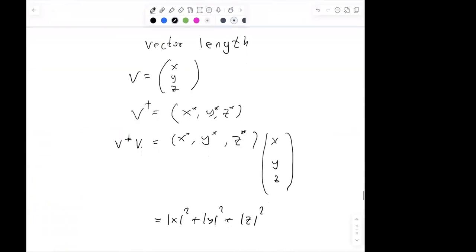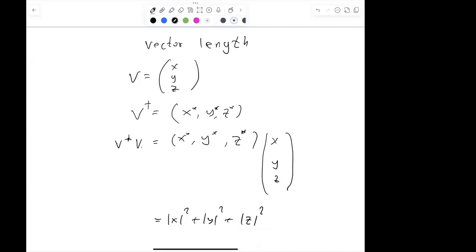Lastly, something that all of you know, especially the physicists: how do you find the length of a vector? So let's say we have a vector x, y, z. Let's say it's complex. Now I do the complex conjugate of the vector. So as you see, each number becomes complex conjugated and the row becomes a column. And if I want to multiply V transpose conjugate times V, I get something very interesting.